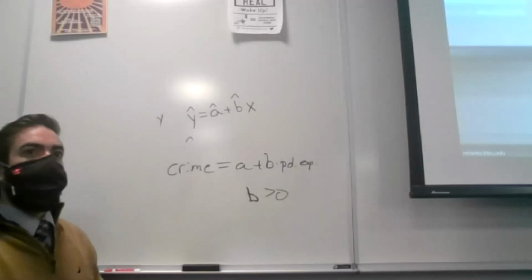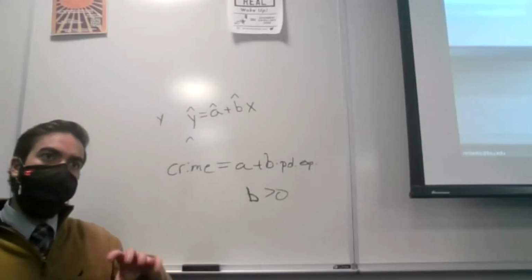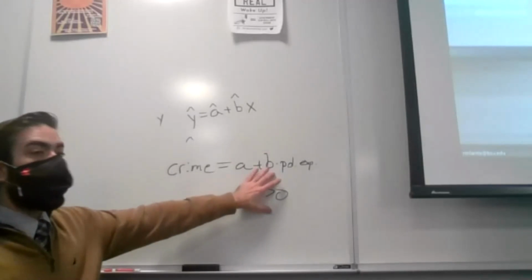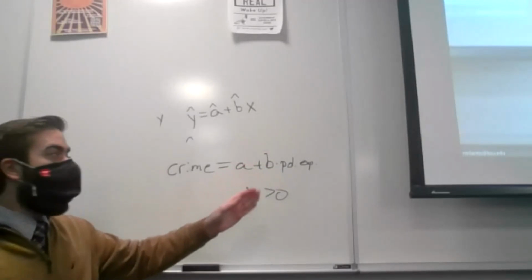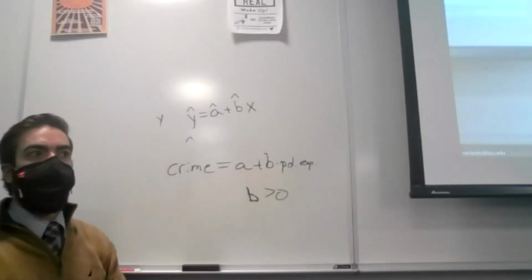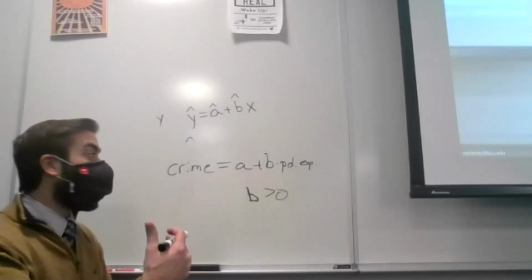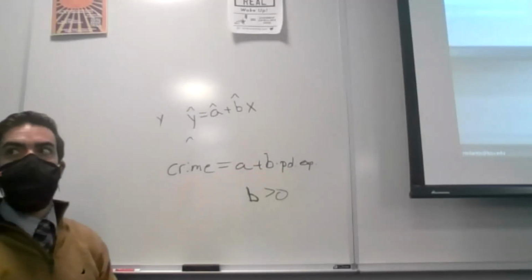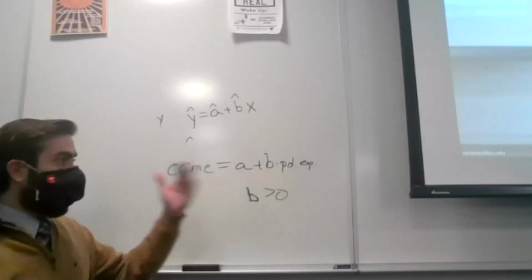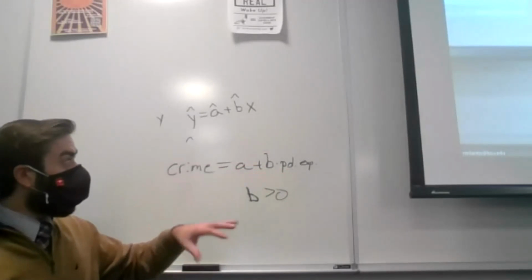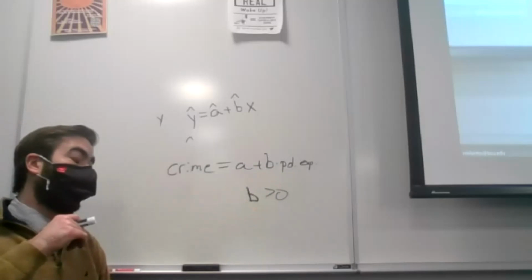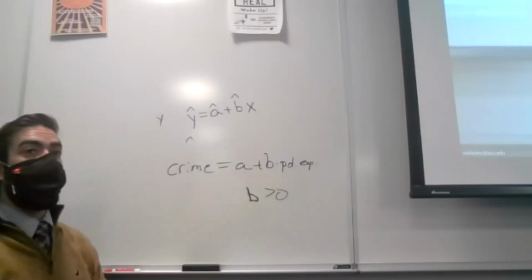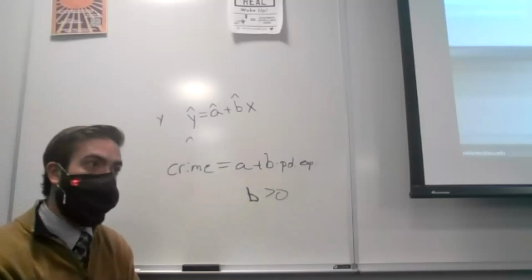It's not causal. We can interpret these things and they'll sound causal, but we have to remember they're just evidence of correlations. Every $1 more I spend on my police force is correlated with an increase in crime. For every unit higher of police expenditure, it's correlated with a certain amount increase in crime, but it doesn't necessarily mean it's causing it.